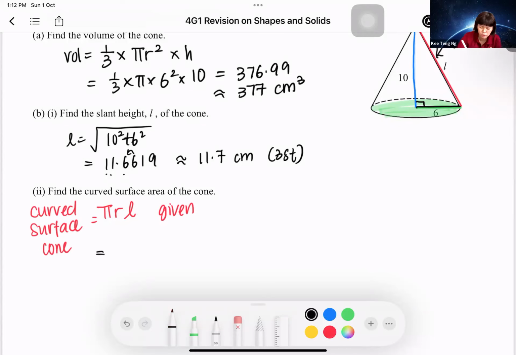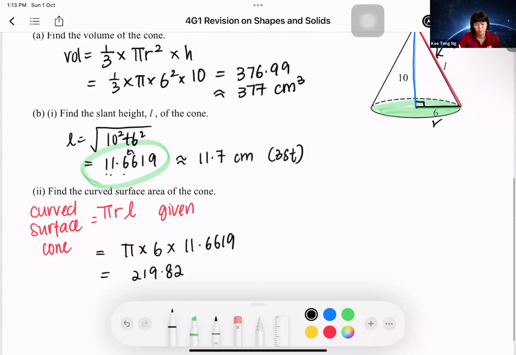So in this case, it will be pi times my radius, which is 6, times the slant height. I'm going to use the more accurate one, 11.6619. That will give me 219.82.